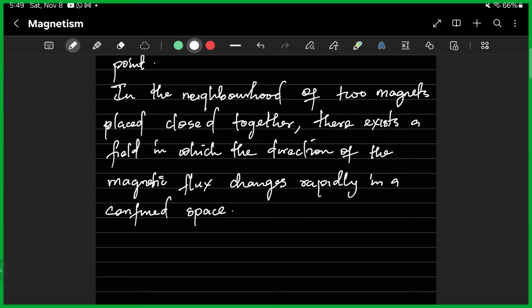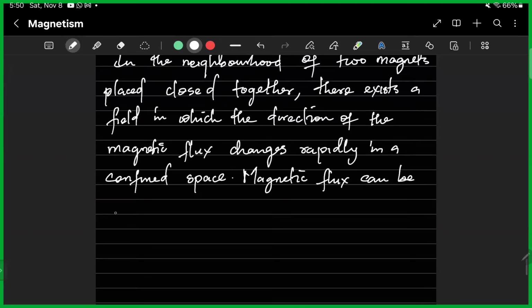So it's telling us that magnetic flux exists when two magnets are close together. The magnetic flux can be obtained by using iron filings.